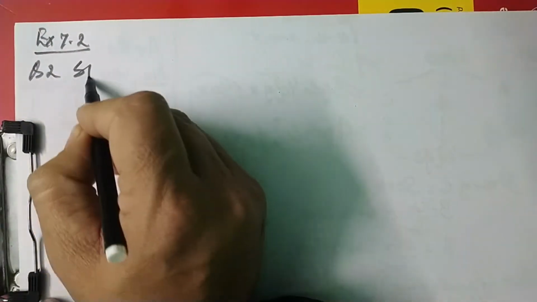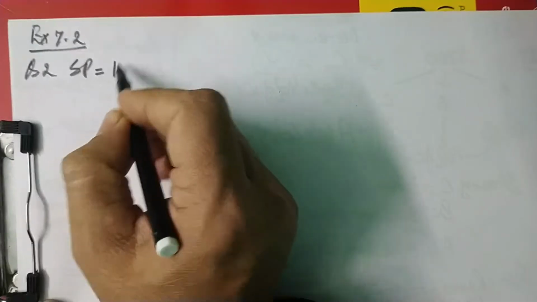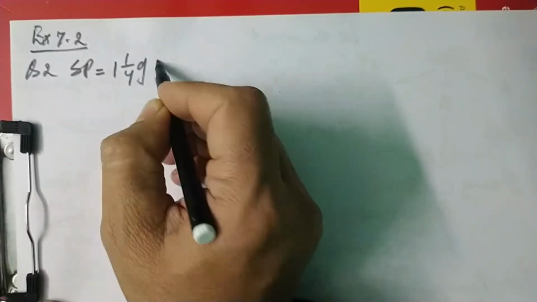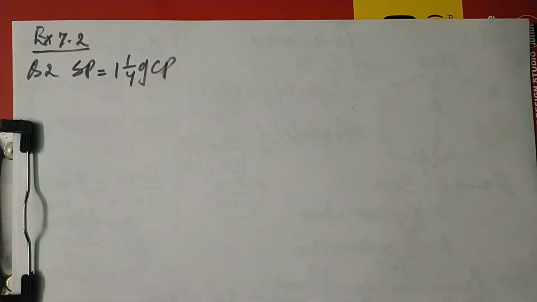Selling price is equal to 1/4 of CP. This is the relation. So what will you do in this case?